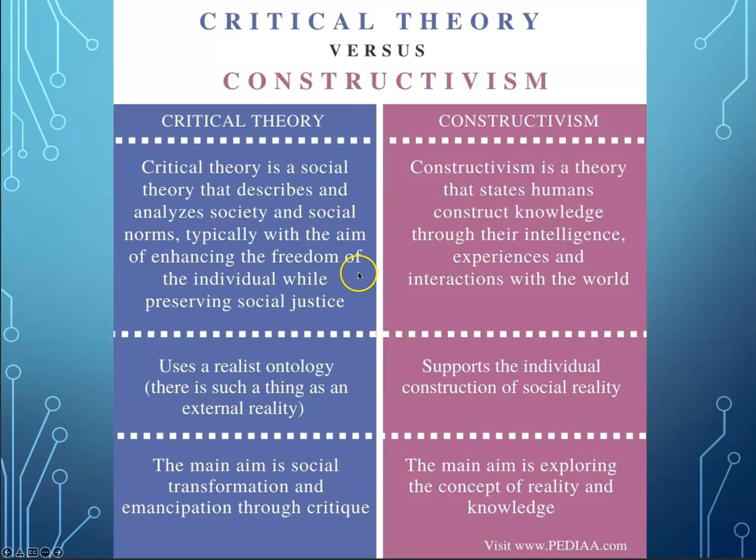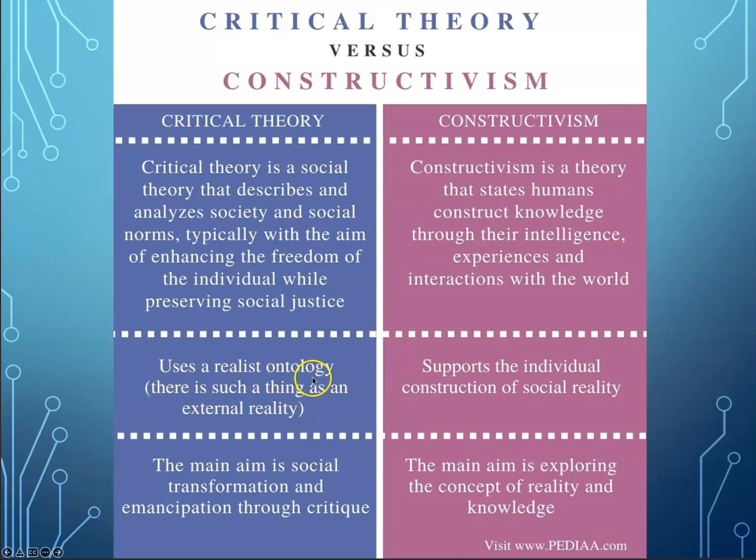So what's missing really from this description is this part about typically with the aim. So the aim may be that, but it may be something else. So it's not built into constructivism.